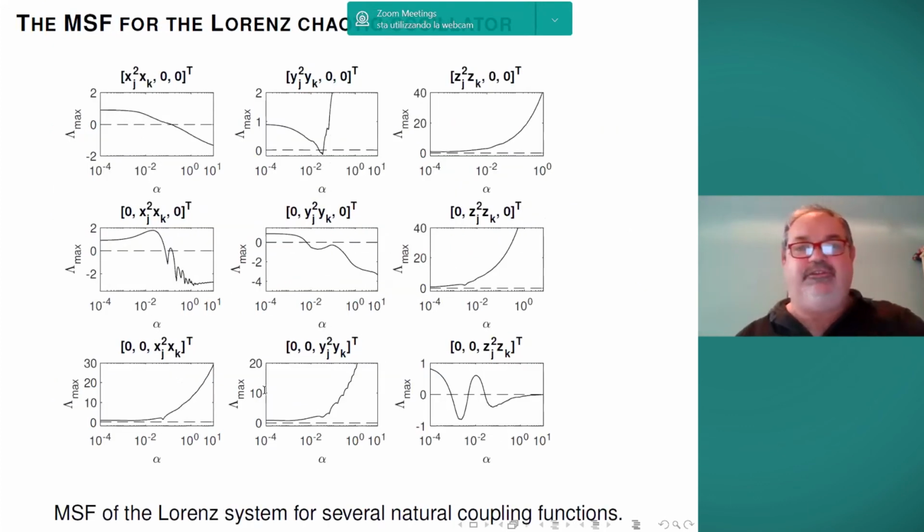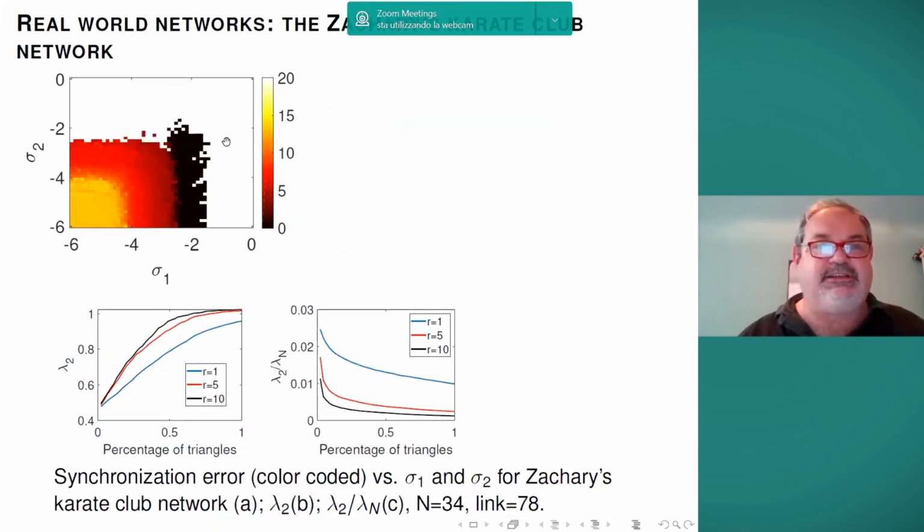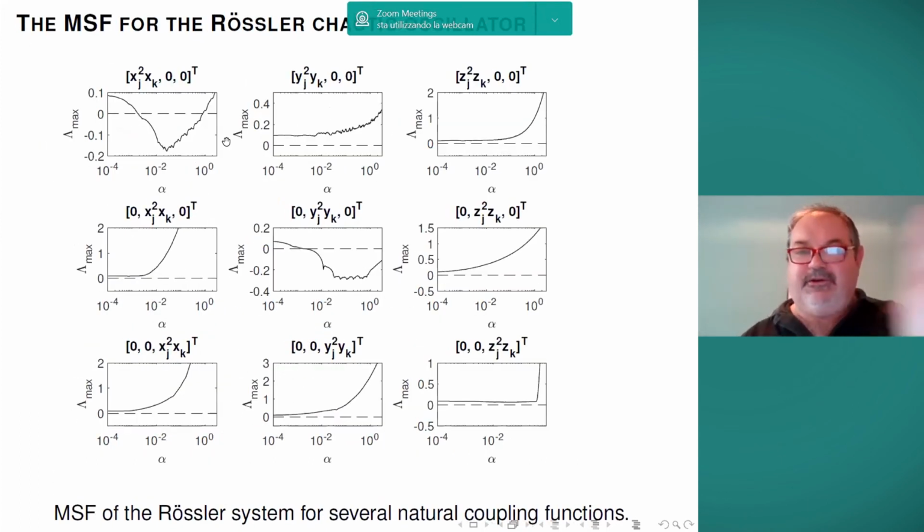And now I show you a few things. For example, this is the master stability function in simplicial complexes for the Lorentz system, and you see you have all classes. Then you have the Rössler system, and here you have all possible couplings.